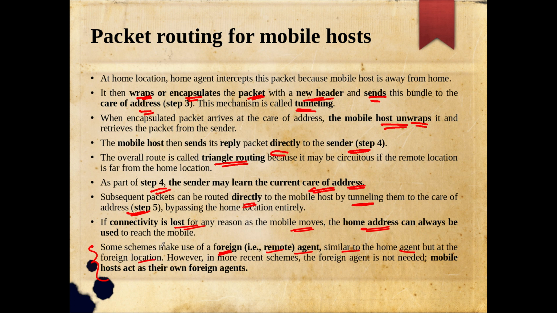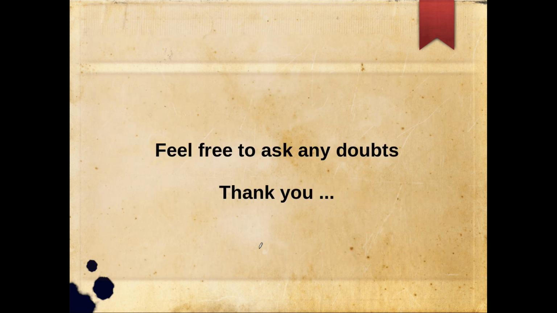Just like the home location, when it moves to a new location, what we call a foreign location, a foreign agent can be assigned for the device. However, in more recent schemes, the foreign agent is not needed at all, and the mobile host itself acts as the foreign agent. So that is why that terminology is being skipped, but in some textbooks you can see it, right?